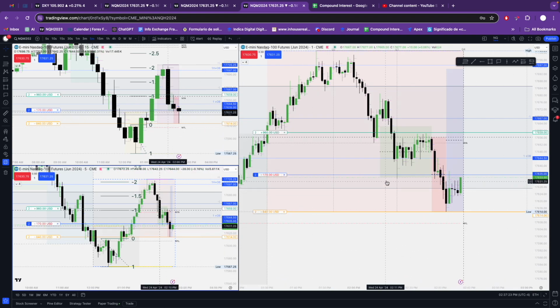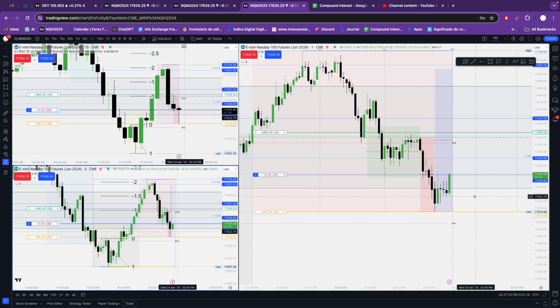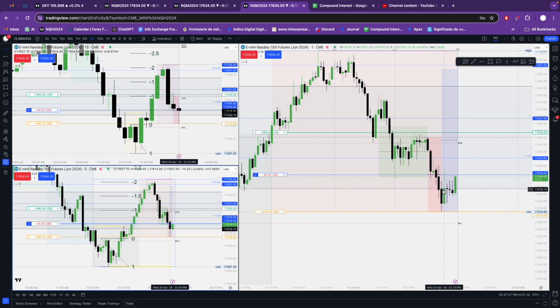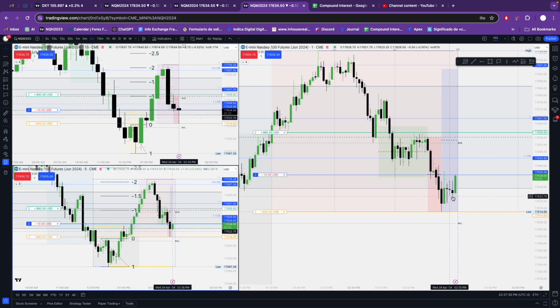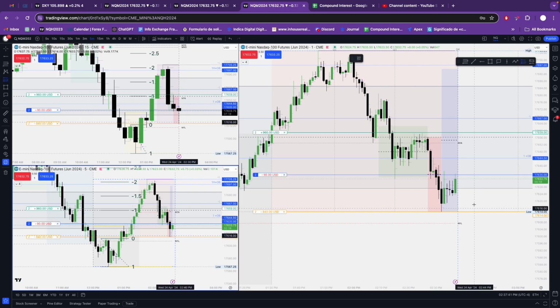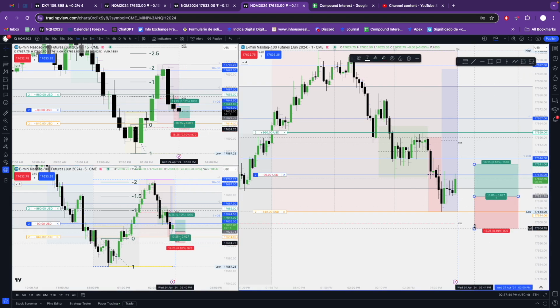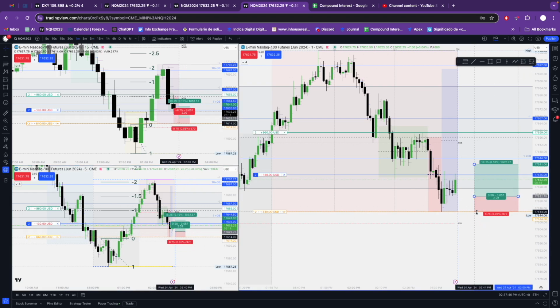On the 5, question is, at least wait for a 1 minute change of delivery into a higher time frame order block right here. Then we get that. Then we can measure the order block down here. Look how we wick down here. Then boom. So coming in here would have been better. So this is perfect. This is 10. So the thing is you look for your change of delivery.